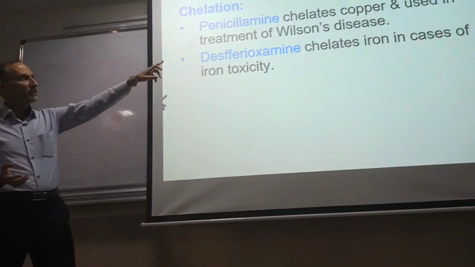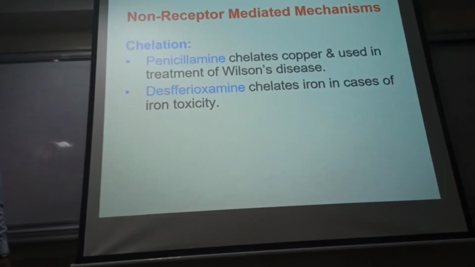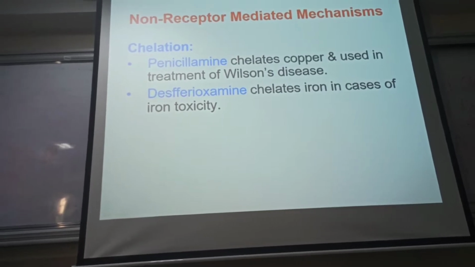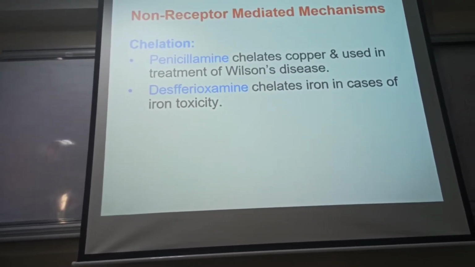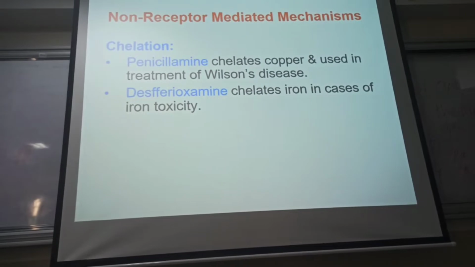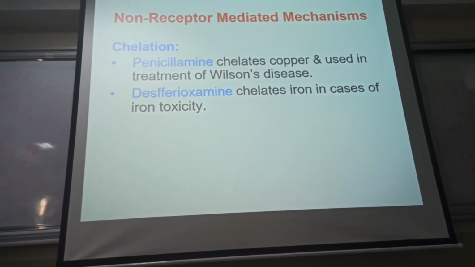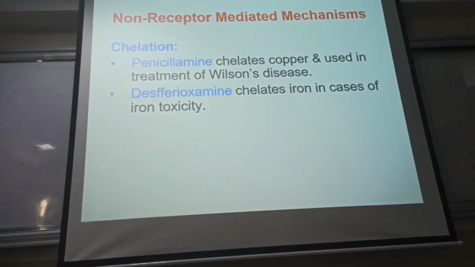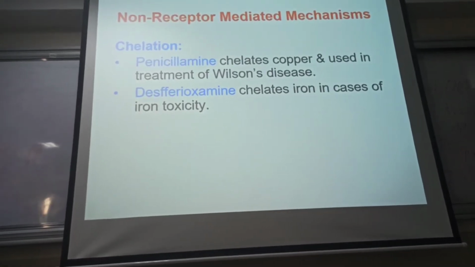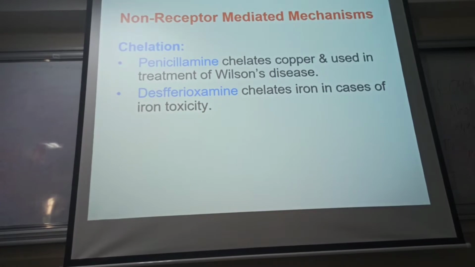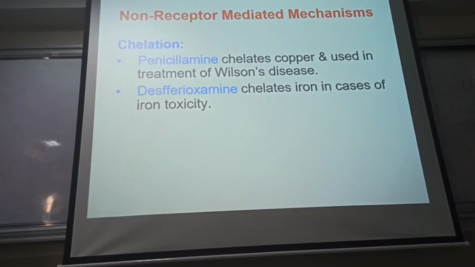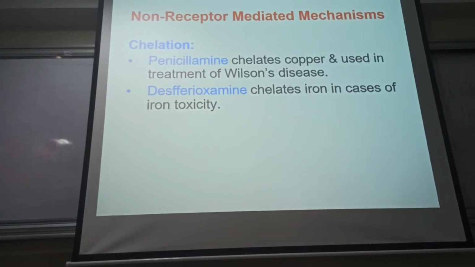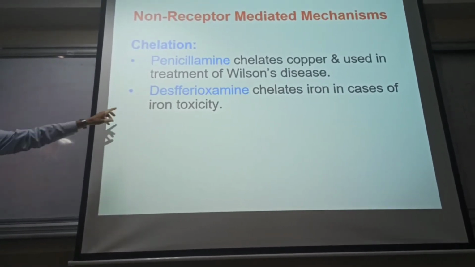You know that Wilson disease is accompanied with copper overload. If the amount of copper in the body is greater than normal, we have Wilson disease. And penicillamine can chelate copper ions. So there is no receptor, and this drug can act on copper ions.